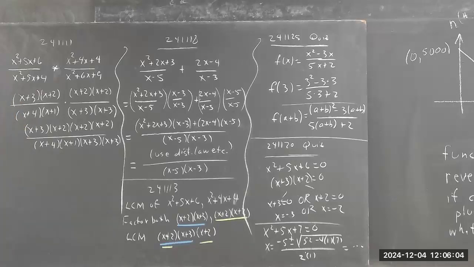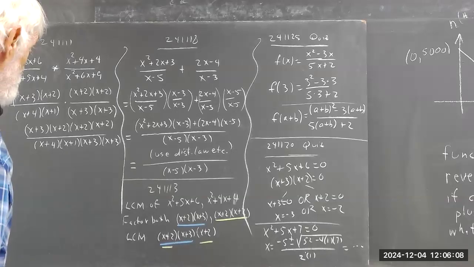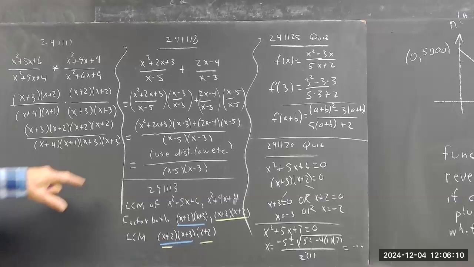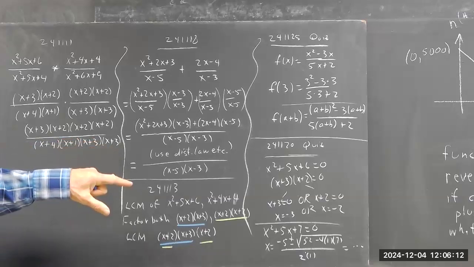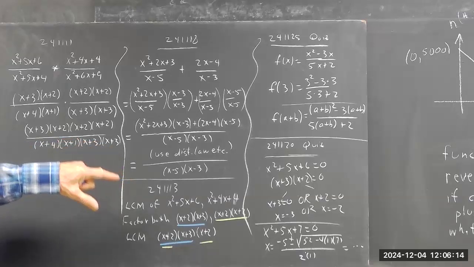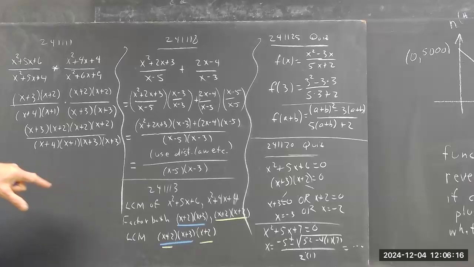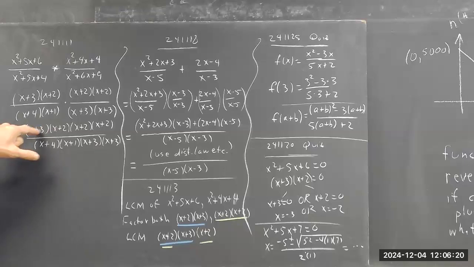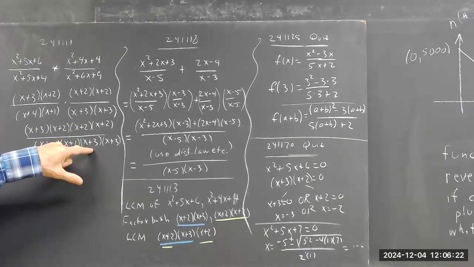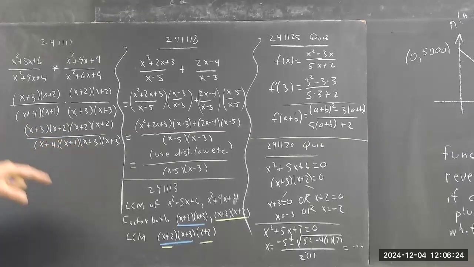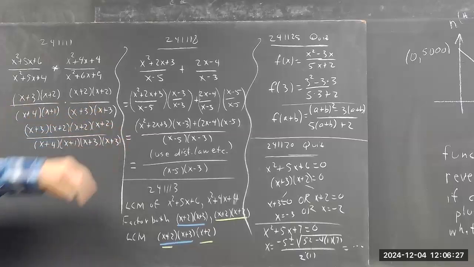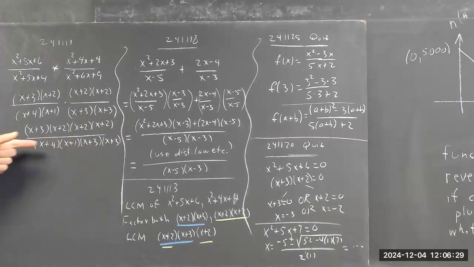And you can do that yourself. It's pretty straightforward. I might make a mistake. So if I make a mistake, just forgive me, but correct the mistake. You learn something that way. Now, I notice that I've got an x plus 3 up here and an x plus 3 down here. And x plus 3 is a factor of this whole numerator, and x plus 3 is a factor of this whole denominator.